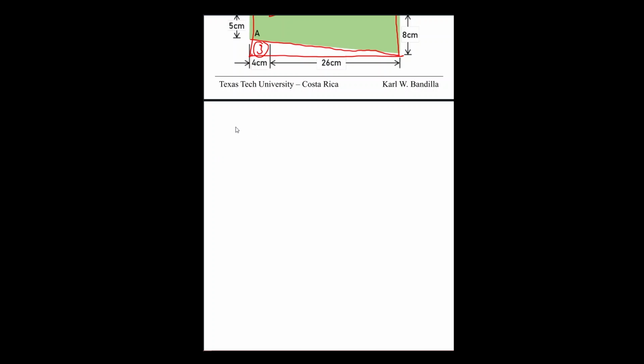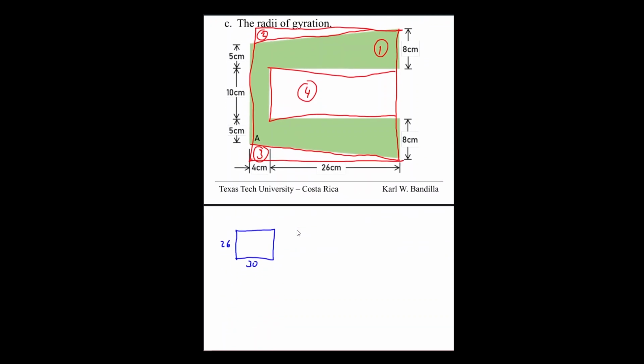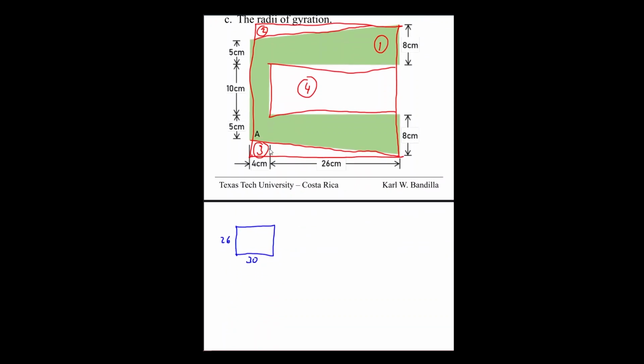We have our main rectangle, and that is 30 by 26. From here to here is 26 plus 4. In this direction we have 8 plus 8 is 16 plus 10 is 26. That's that one. Then we have a triangle like that.